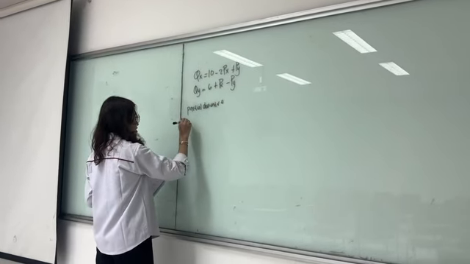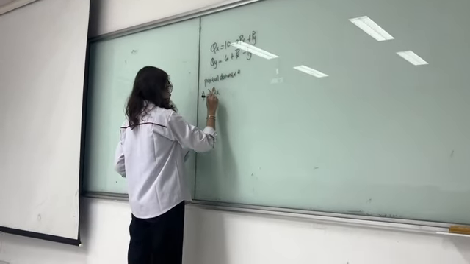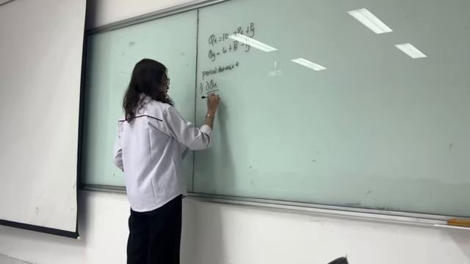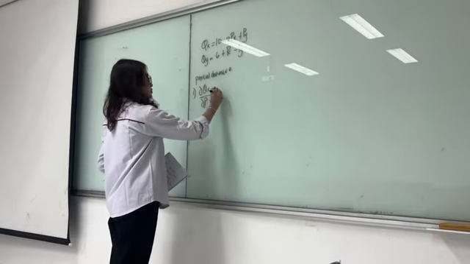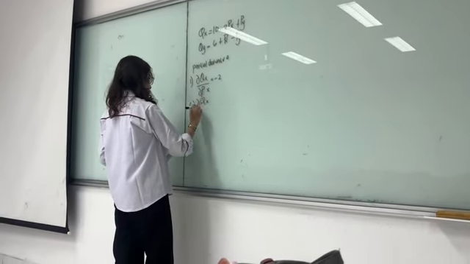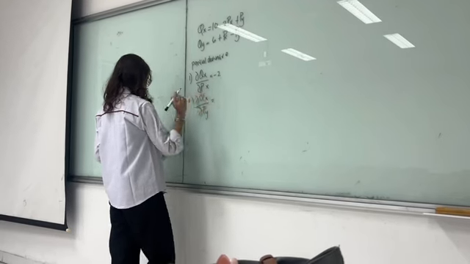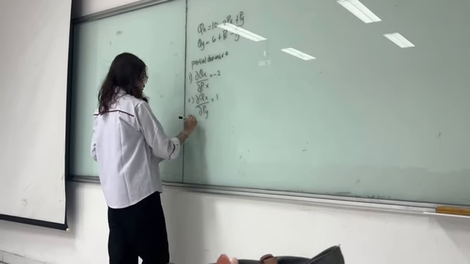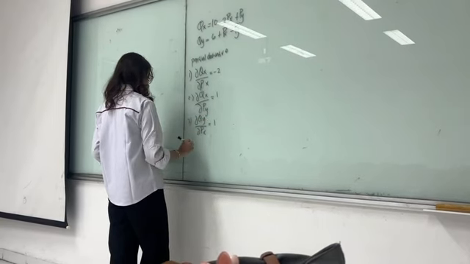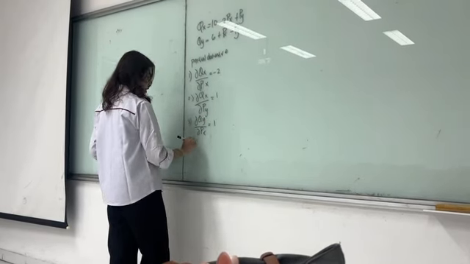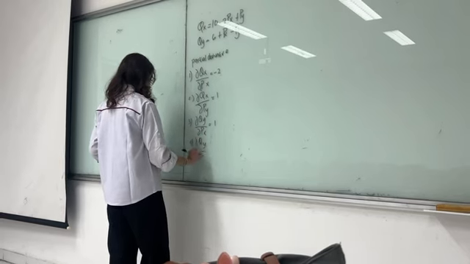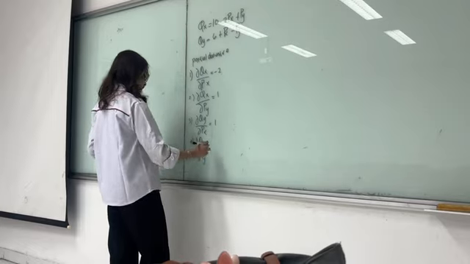Okay, for the first, ∂qx/∂px. For this we have minus 2, and second ∂qx/∂py, for this we have 1, and the third ∂qy/∂px we have 1 also, and for the last ∂qy/∂py, for this we have minus 1.